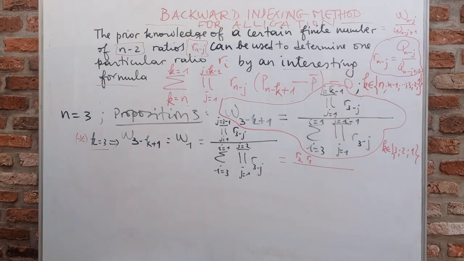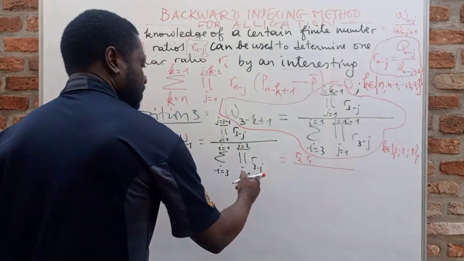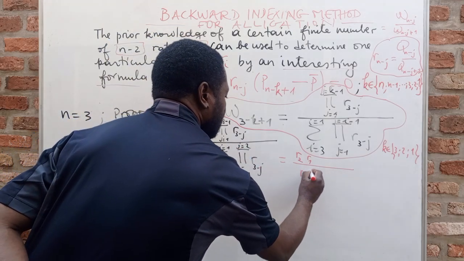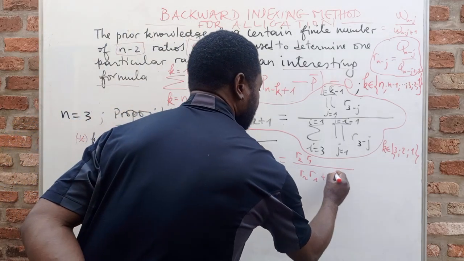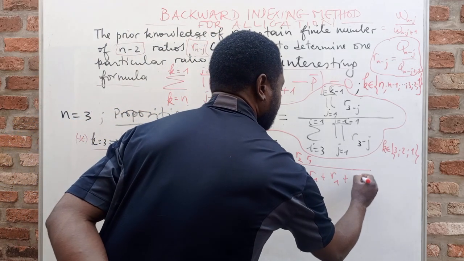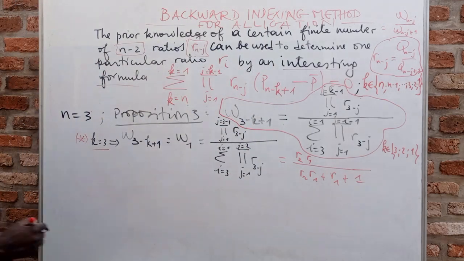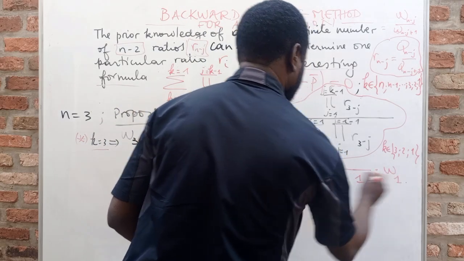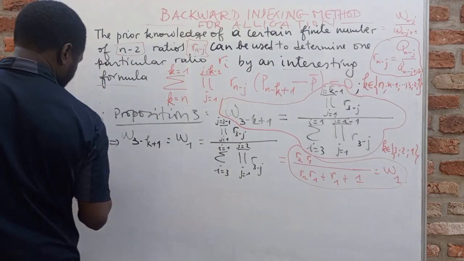So r sub 2 times r sub 1, divided by the sum of all of these products. It means r2 r1 plus, now going backward, r1 plus now 1. If you take this sum, you're going to get that one. So this is omega sub 1, in the case k equal to 3.